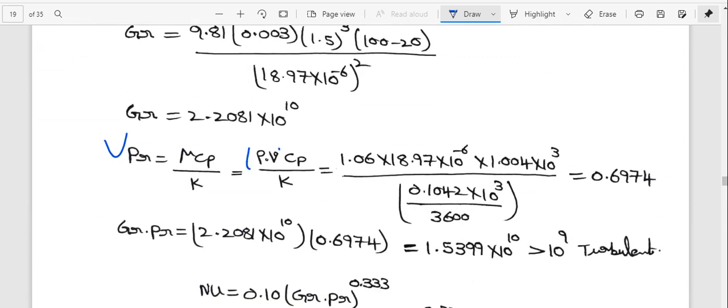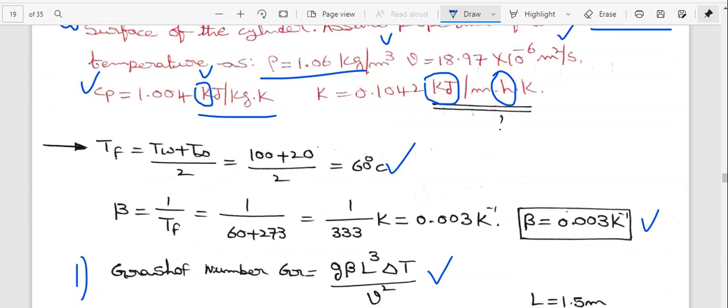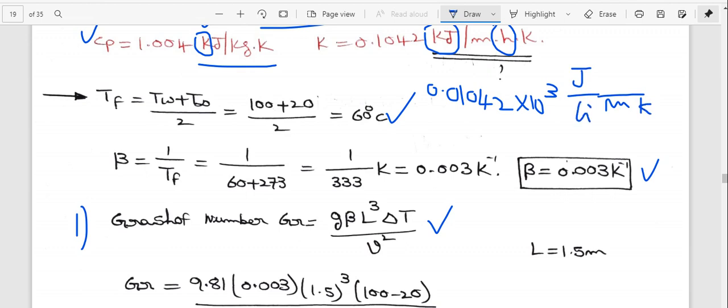We need to substitute density and kinematic viscosity, and this is the Cp and K. Here K is 0.01042 into 10 cube, this is the joule per meter Kelvin. So here this is the h value, and we can convert it into seconds.